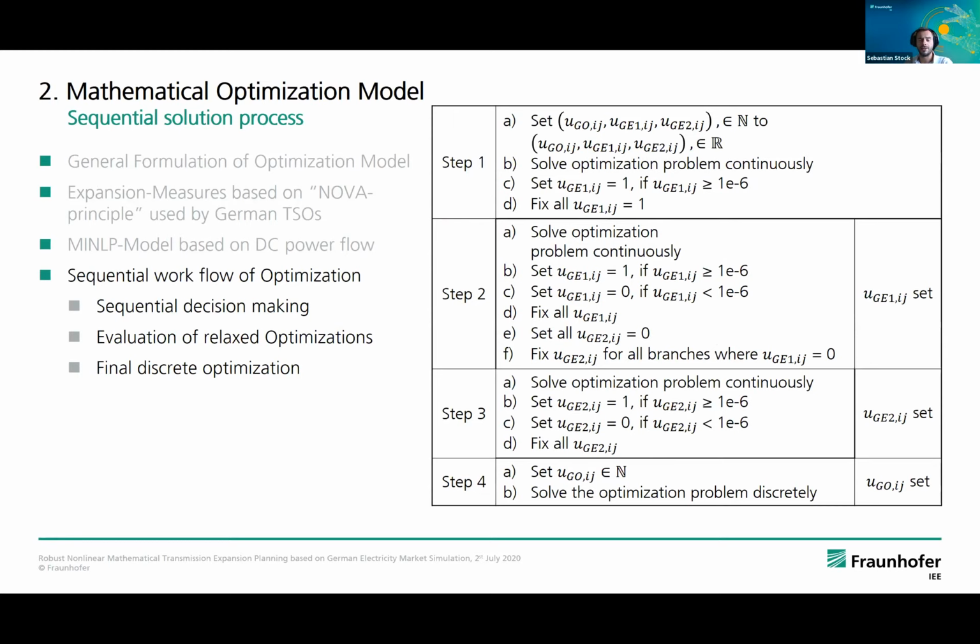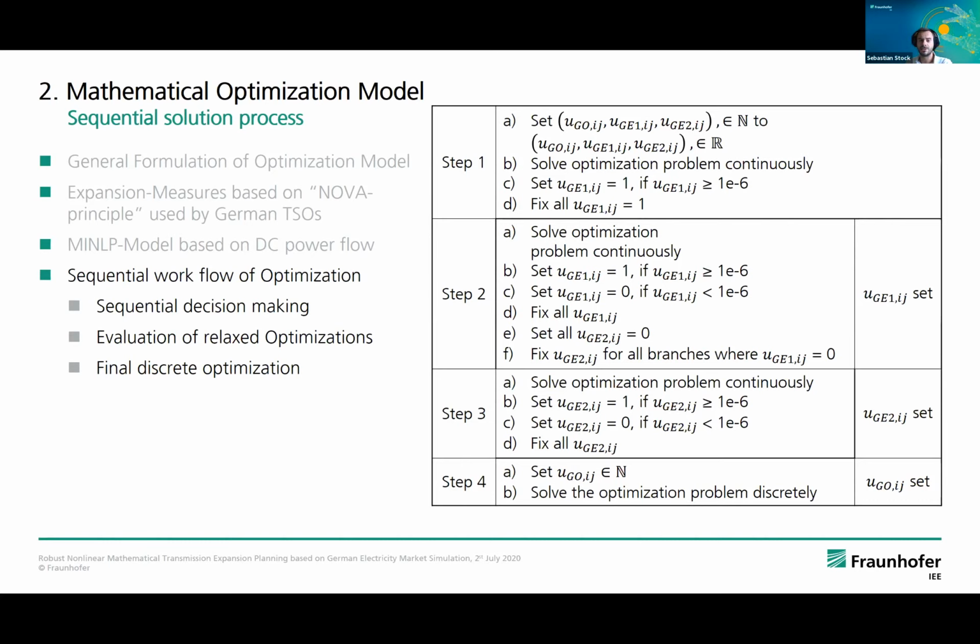And this model is used in a sequential workflow of optimization. So we have a sequential decision making with this workflow, and this is also done due to the NOVA principle, to map this principle.